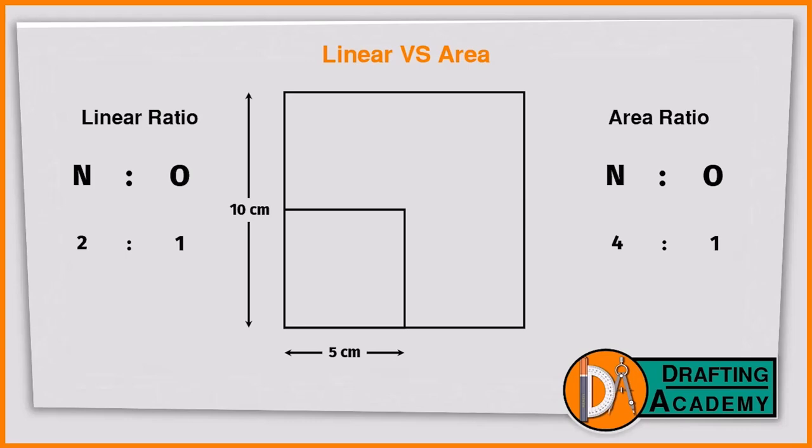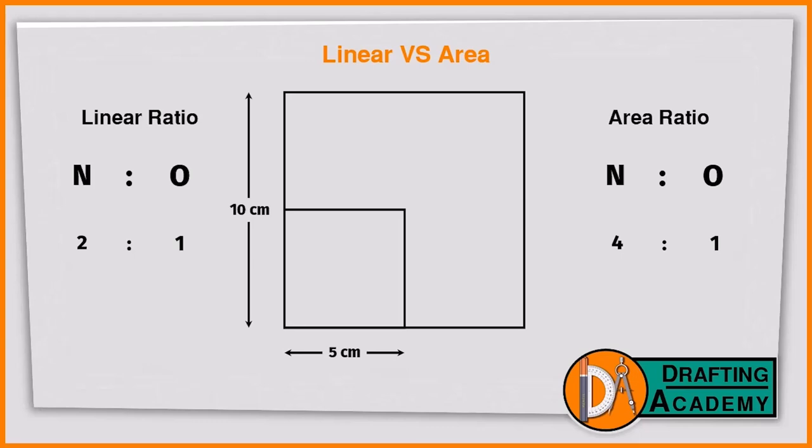Simplified ratios are actually very important. They kind of give us an idea of what's really happening. For example, the linear ratio here is telling us that the enlarged square is twice the size of the original square. The area ratio is telling us the enlarged square has an area 4 times the original square.